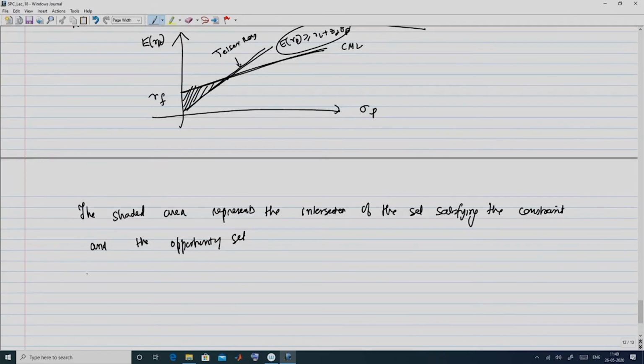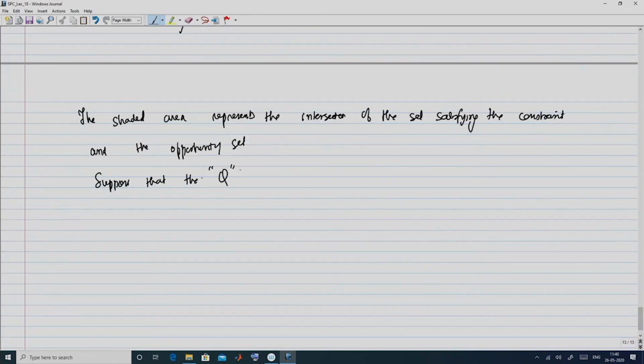Alright. So, suppose we now have this shaded region, and suppose there is some portfolio Q, not to be confused with the Q in the previous diagram. I denote by Q the portfolio with the greatest expected return, and what is this going to be?